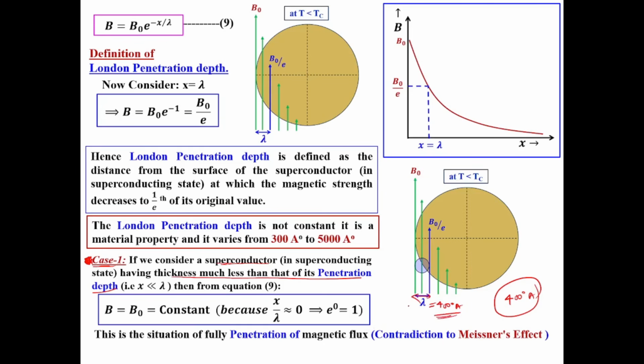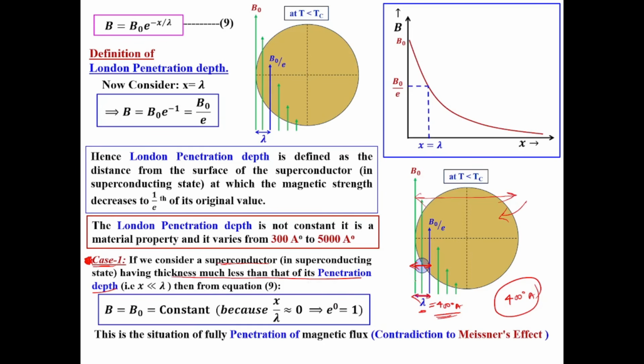We consider a material whose thickness is less than the penetration depth. This is the thickness, the diameter of this superconductor. Now we consider a thickness much less than the penetration depth.